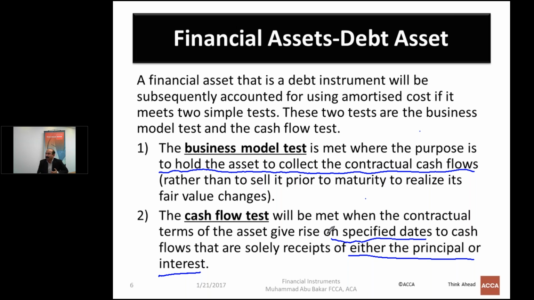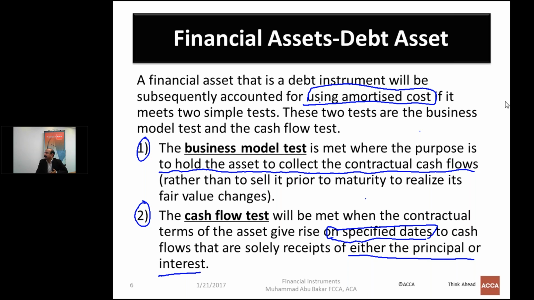So if these two conditions are fulfilled, then you will measure that instrument subsequently at amortized cost. Initially, fair value and amortized cost are the same, because the initial measurement is at fair value, except the difference is of the issue cost. We shall be coming back to this concept again.